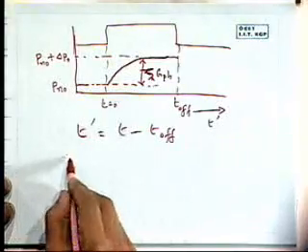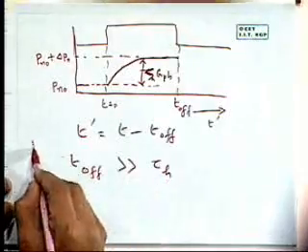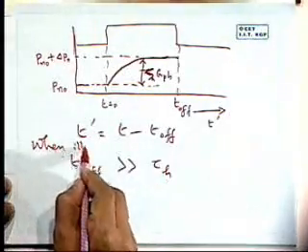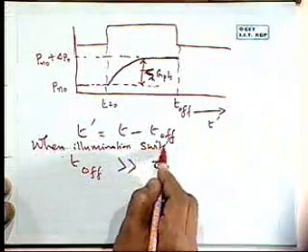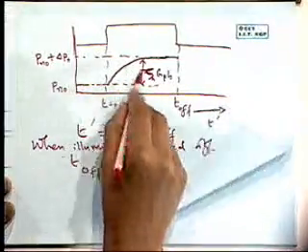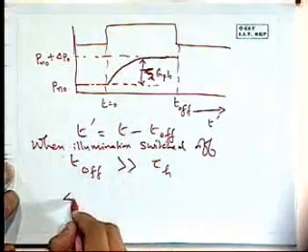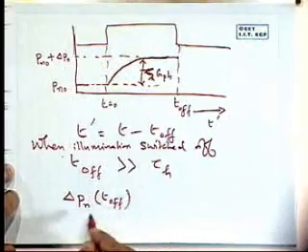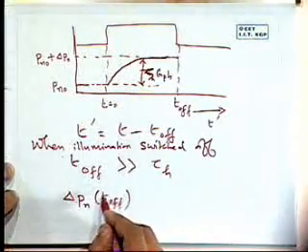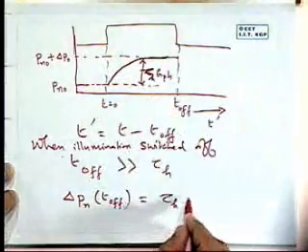When the illumination is switched off, we have T off much greater than tau H. That was one of my assumptions to reach saturation to start with. At that point of time, delta Pn at T off, or expressed in terms of T dash, at T dash equal to 0, is simply the saturation value tau H GPH.